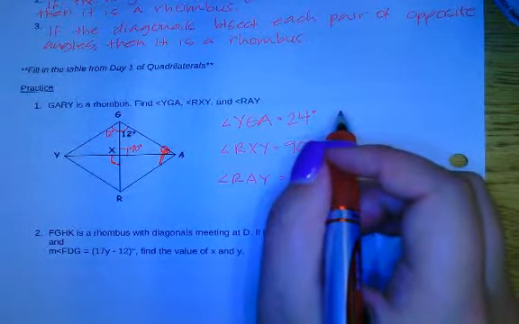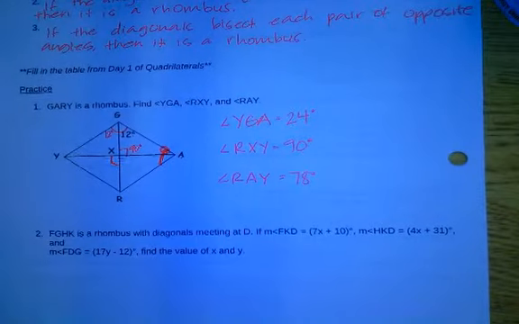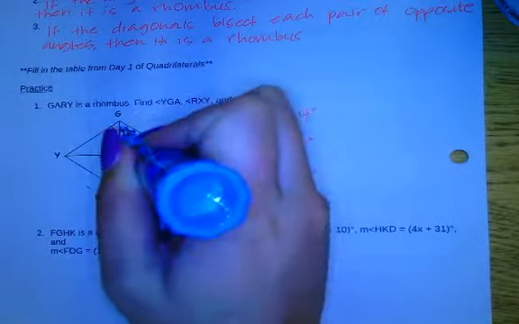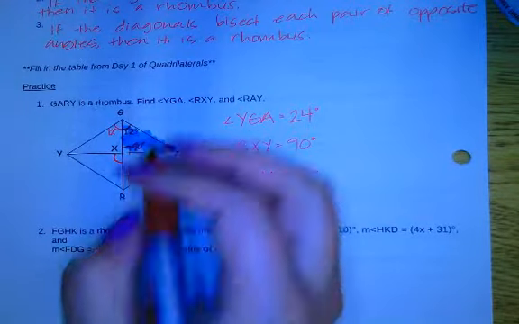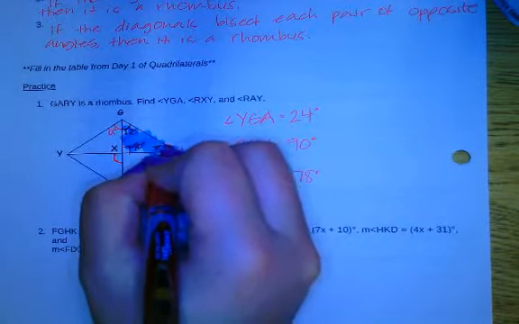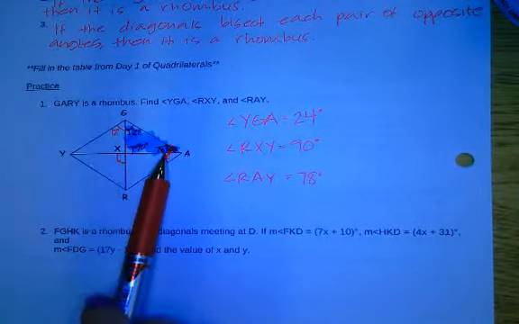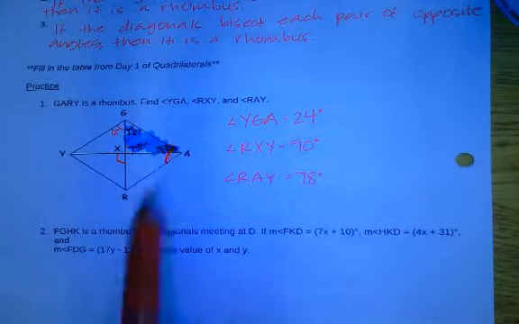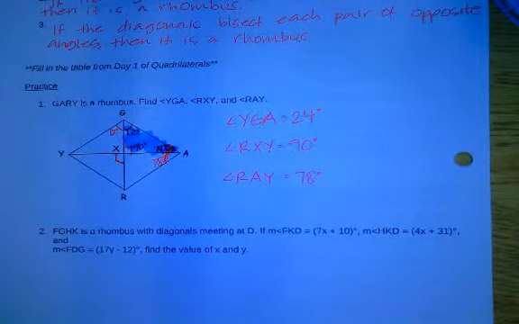Or subtract 90 and subtract 12. Look at one triangle. Shh, guys, you are way too chatty. Look at one triangle at a time. If I solve for all the angles within this triangle, I have 12, I have 90, and this one becomes 78. And for the same reason as angle YGA, these are bisected. So if this piece is 78, this one has to be 78 as well. So that's again why you've got to memorize all of these good old properties.